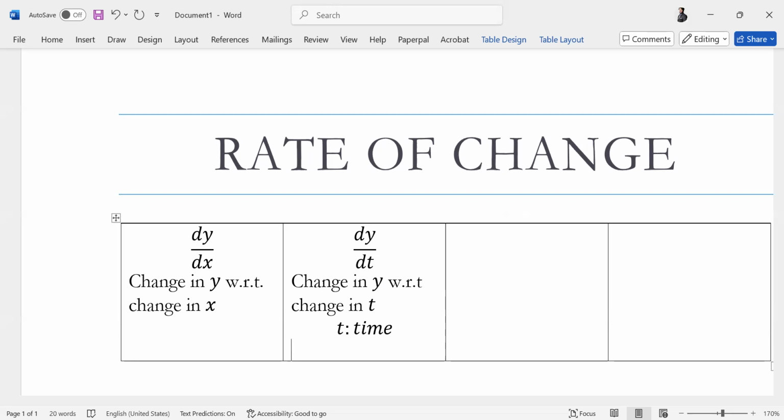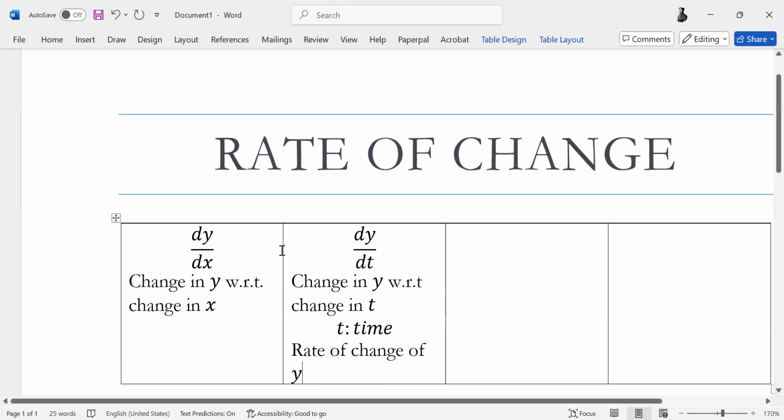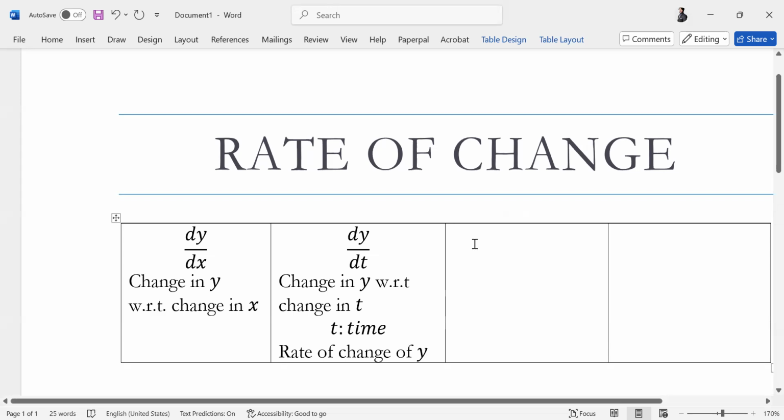Change over change in t is rate. The same thing can now be called rate of change of y. Is this clear now? सही है? So now the same thing can be called rate of change of y.